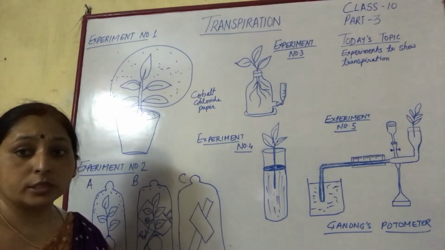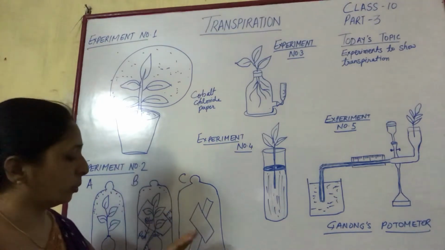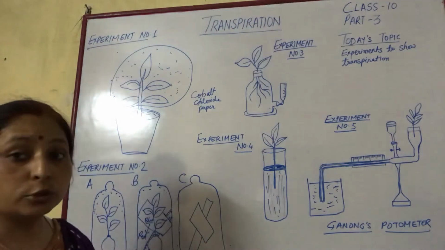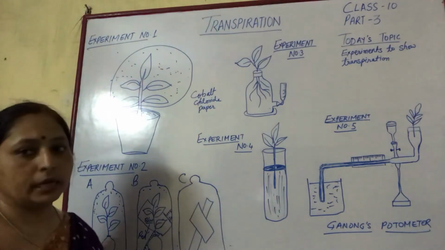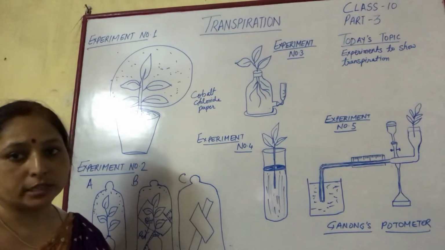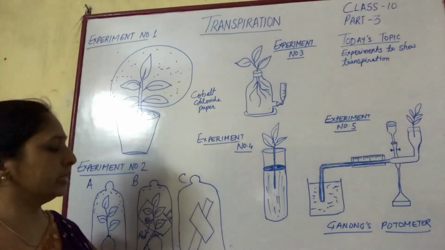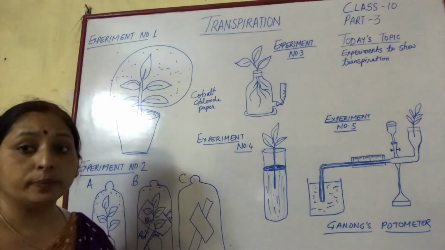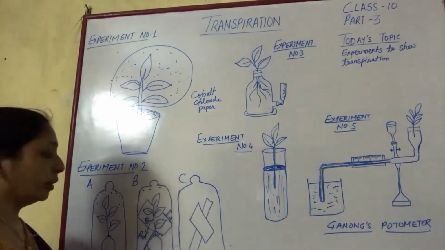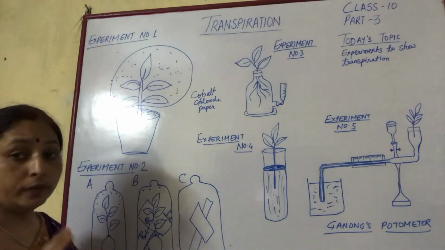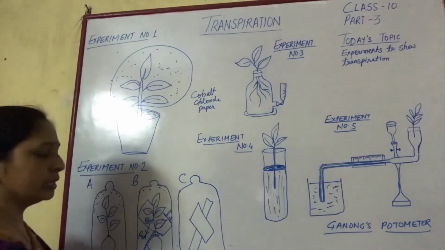Cobalt chloride paper is used to detect water droplets, and C is the control setup, just to show that without a potted plant there is no transpiration, and no change occurs to the cobalt chloride paper. The questions based on this experiment are: number 1, which phenomenon is expressed?